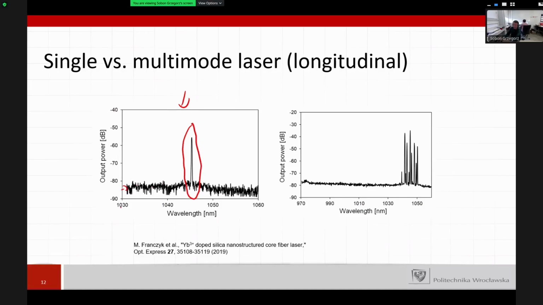We analyze this in a very broad spectral range, between 1030 nanometers and 1060, and we see only one pronounced peak with a very high signal to noise ratio, which means that the laser is single mode. Here on the right hand side, you can see many lines, many peaks, which means that the laser is a multi-longitudinal mode laser.